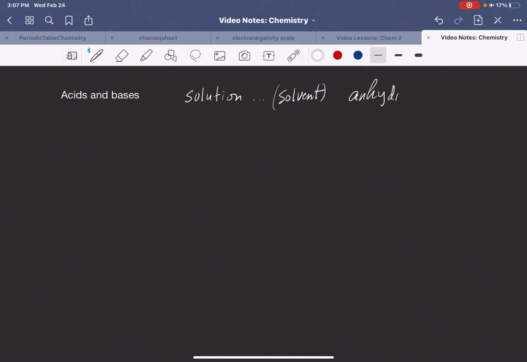You can have what is called an anhydrate, which means that the water is taken out, or as much of the moisture is taken out as possible, and it would be in a more solid substance, and it would still have its acidic or basic properties. But for the purpose of this video, we're going to assume everything is in solution. It'll make it a lot easier for us to just kind of get started with this.